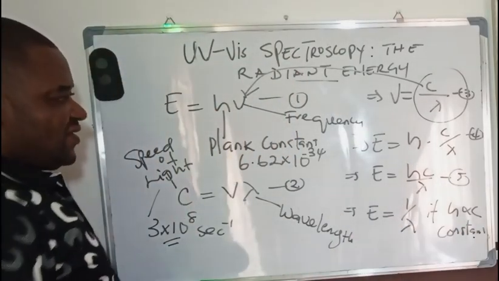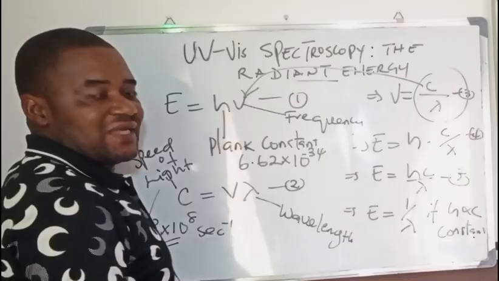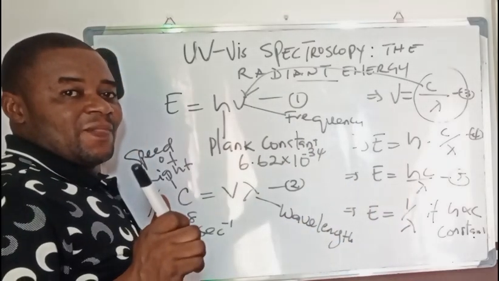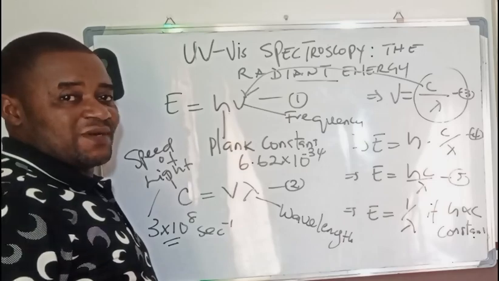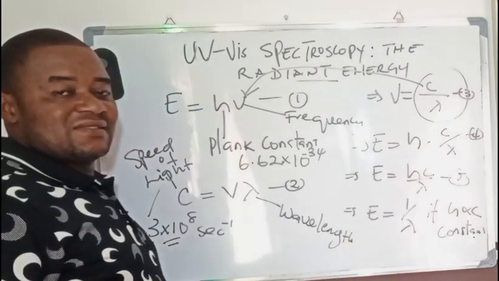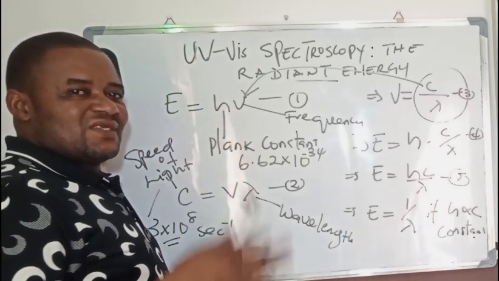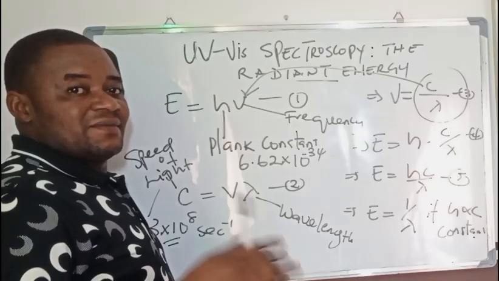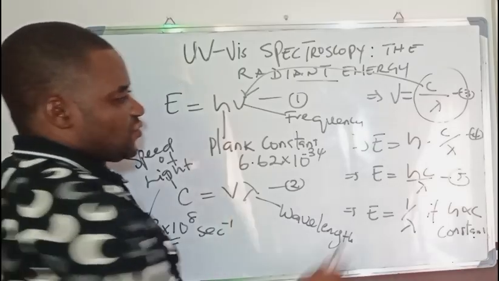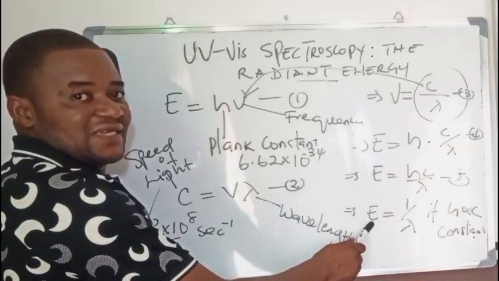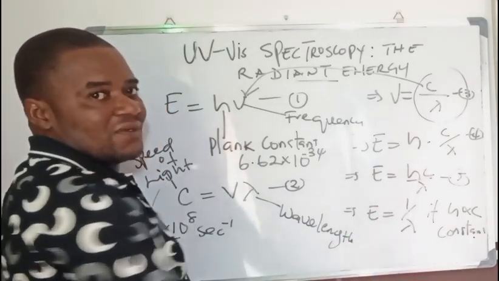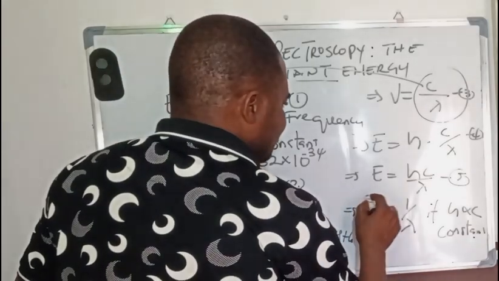Since h is the Planck constant, 6.62 times 10 to the power minus 34, and c is a constant, 3 times 10 to the power 8 per second, the speed of light, if these two are constant, we can simply define radiant energy as proportional to 1 over λ.